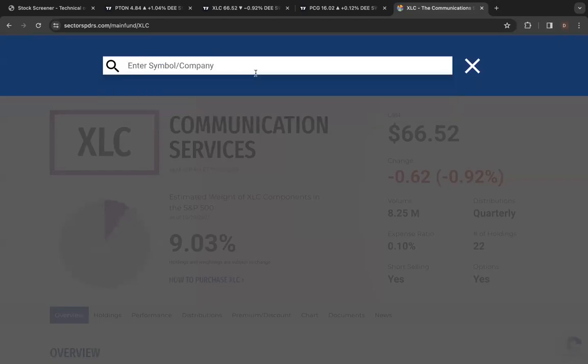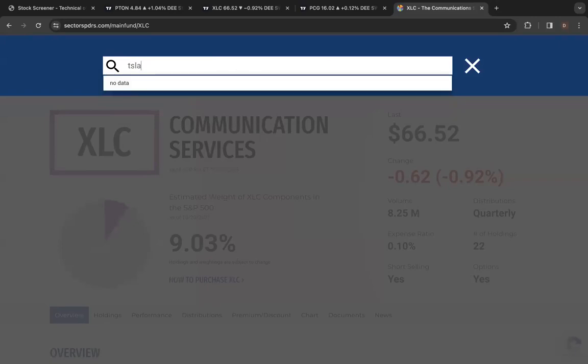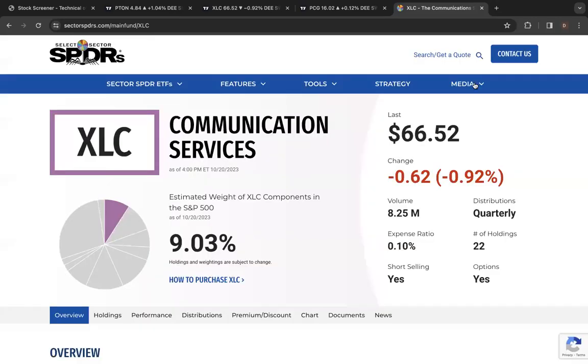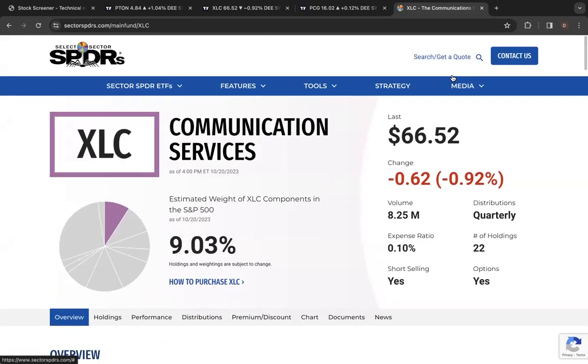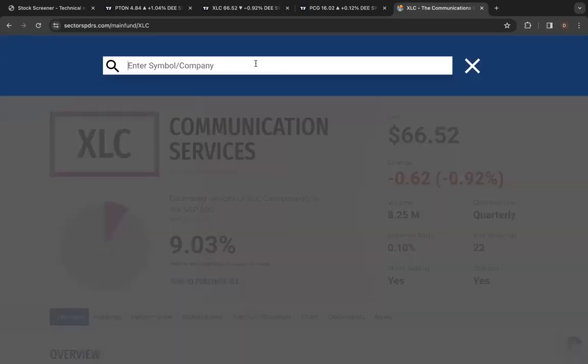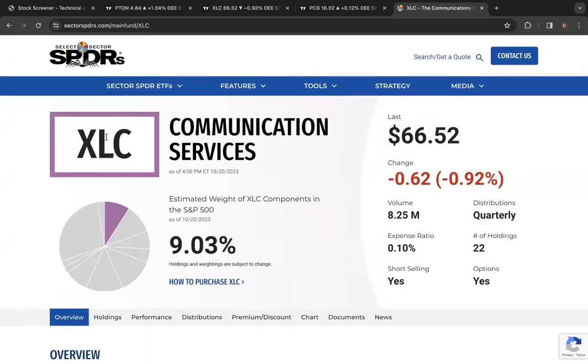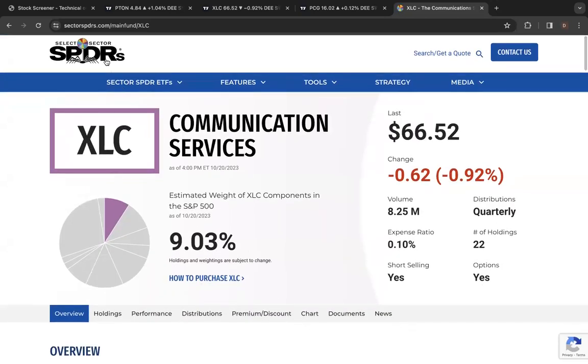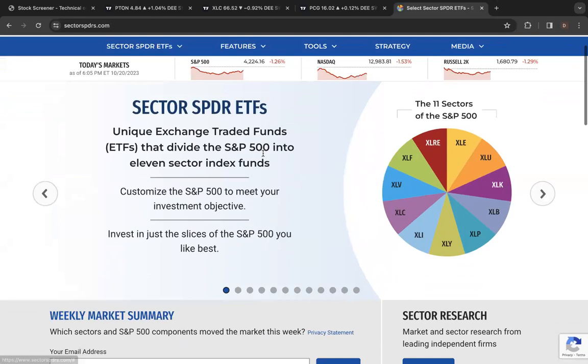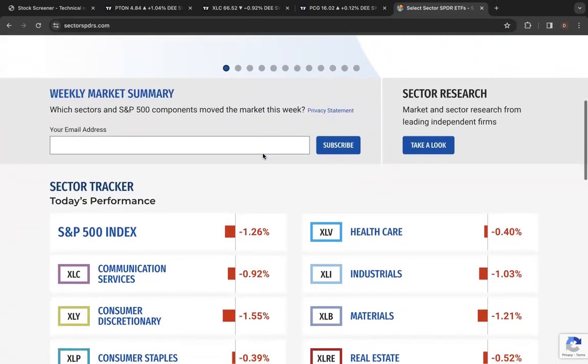Let's see, Tesla. Maybe they're working on their site. But what usually happens is you search a ticker and it'll show you what sector it's in. I don't know why it's not working for me, but that's usually how that works.